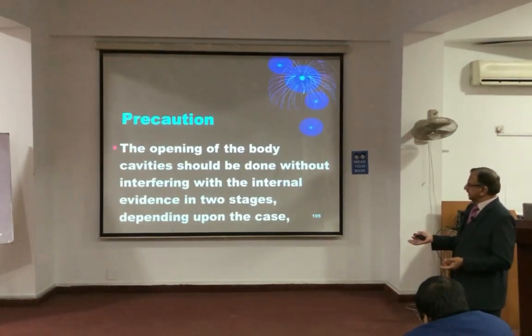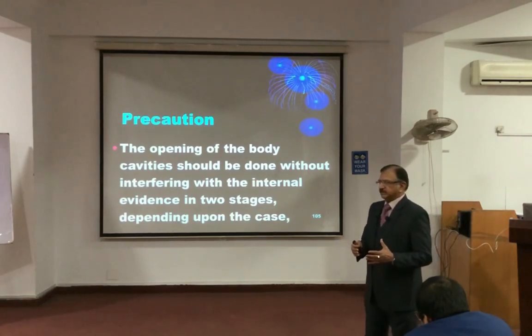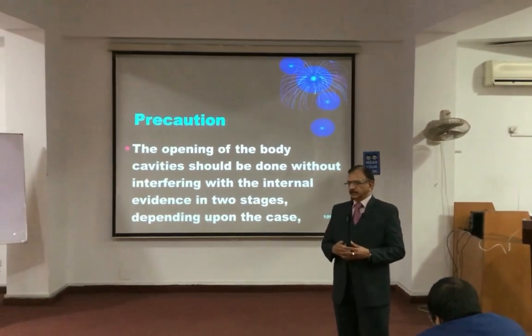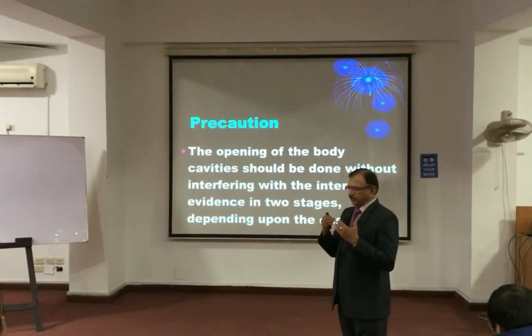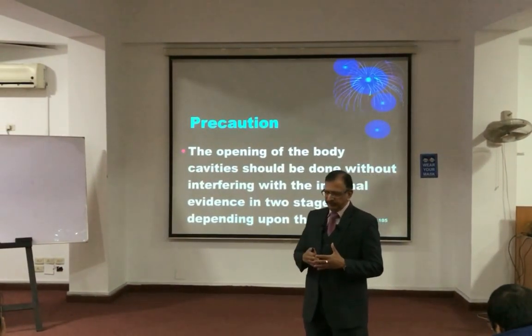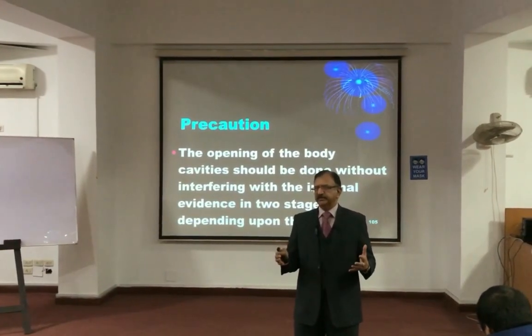The precaution is that in each case, the scheme will be different. For example, if there is compression of the neck, you need the neck to be a clean dissected field, a bloodless field.